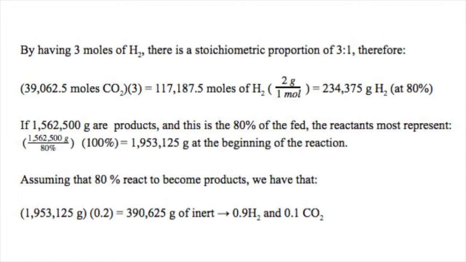If 1,562,500 grams are products, and this is the 80% of the feed, the reactants must represent 1,953,125 grams at the beginning of the reaction. In this manner, 390,625 grams will be inert, having 0.9 of H2 and 0.1 of carbon dioxide in molar fraction.